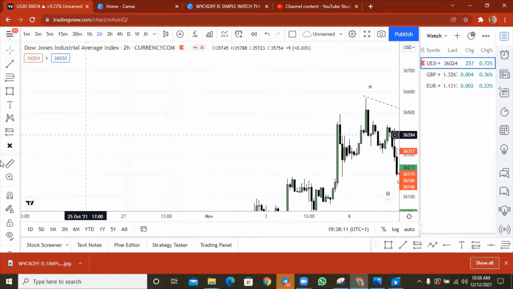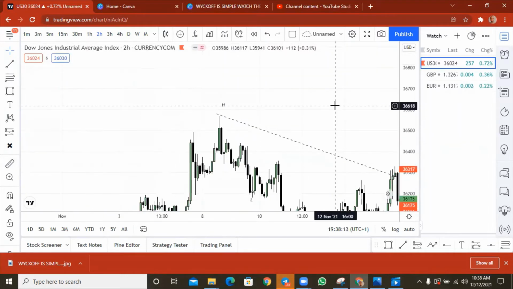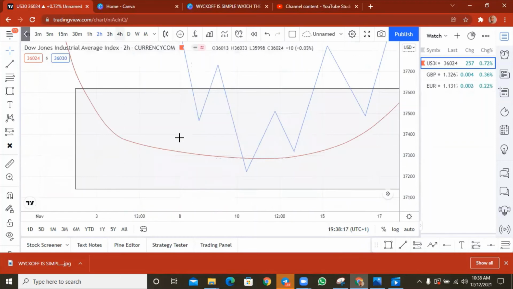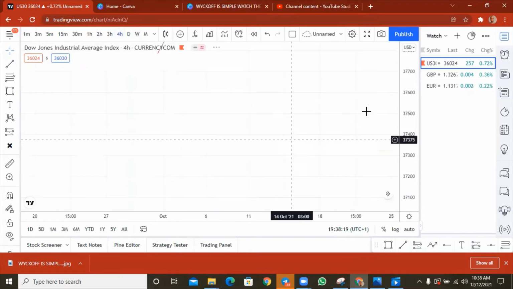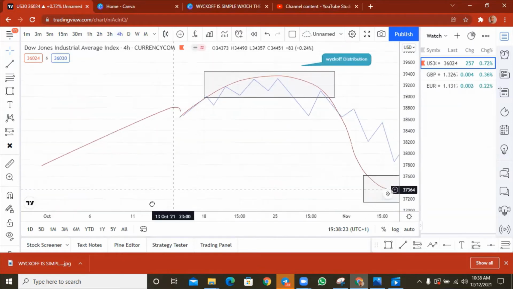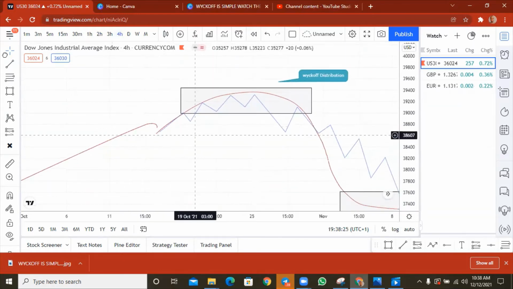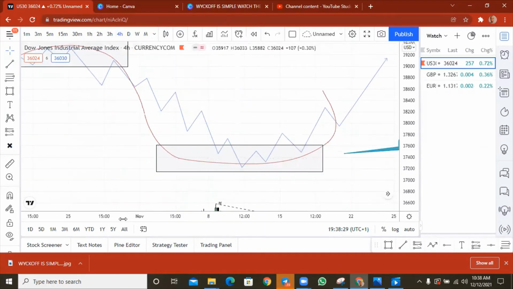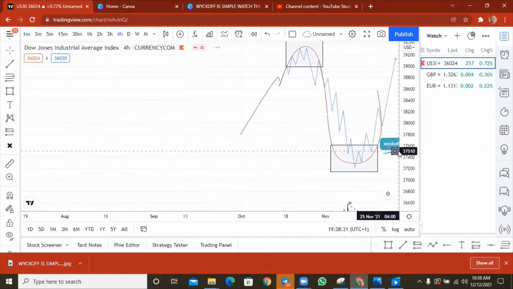So the Wyckoff accumulation schematic is just the same thing as a distribution, right? The accumulation we're talking about is this other part of the game, the side where the downtrend is turning to an uptrend.